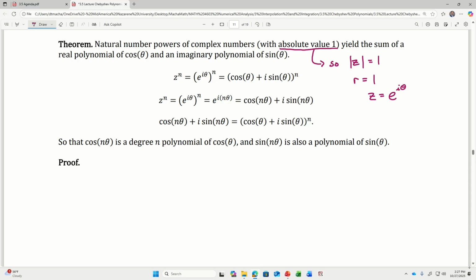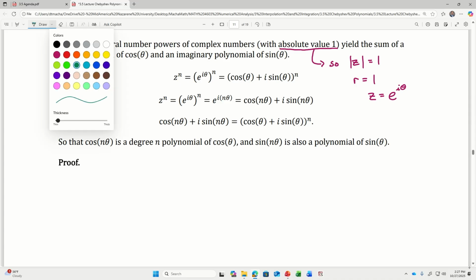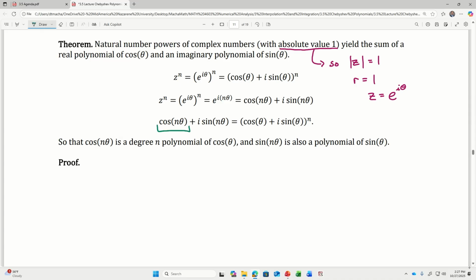And now notice, the real part on the right-hand side of this equation would start off with cosine theta raised to the n power.